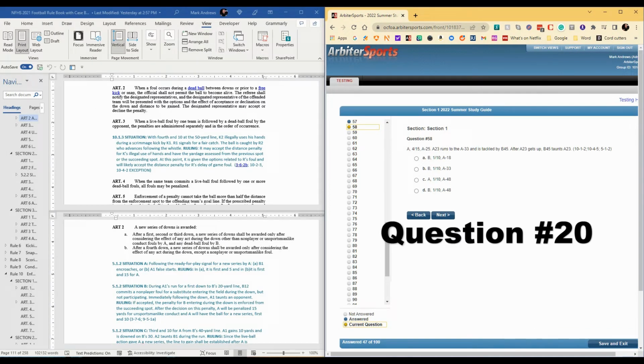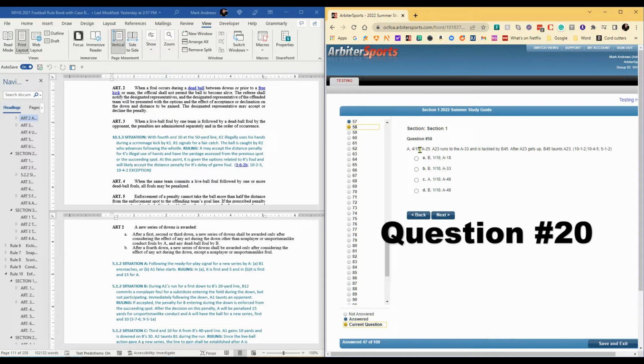Okay. This question is kind of the reverse of the last question. A 4th and 15 at the A25. A23 runs to the A33 and is tackled by B45. After A23 gets up, B45 taunts A23. Okay, so the same criteria apply that we just talked about, and that is that the foul occurs after the play is over, and it wouldn't matter if it was during the play.